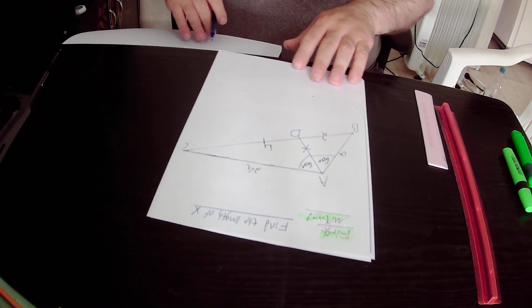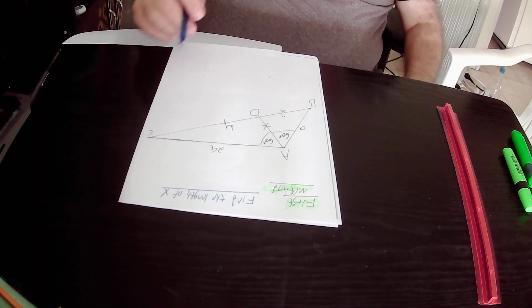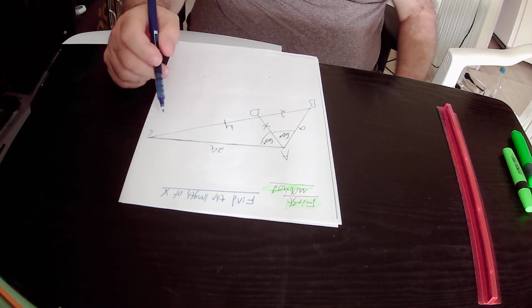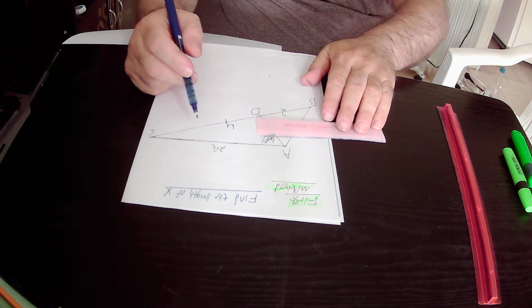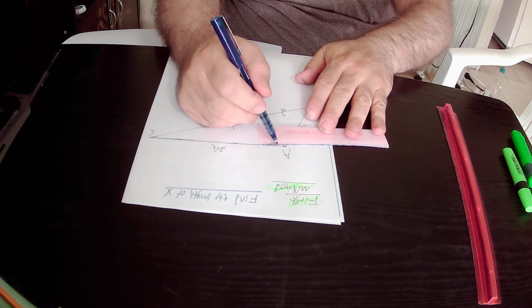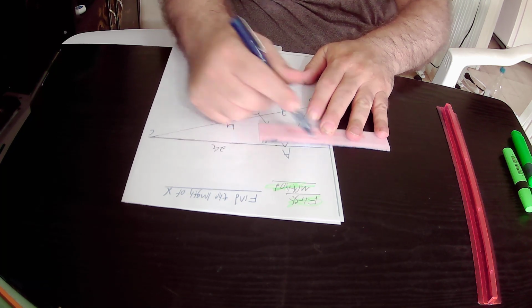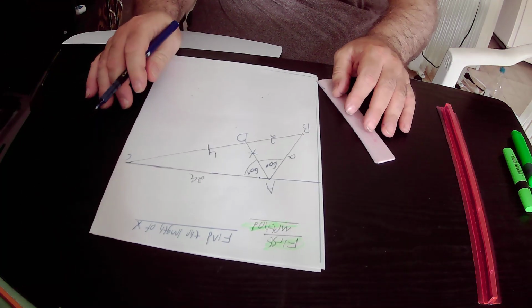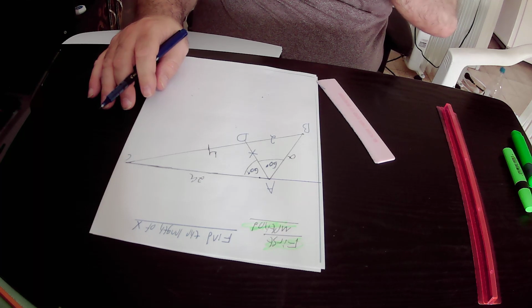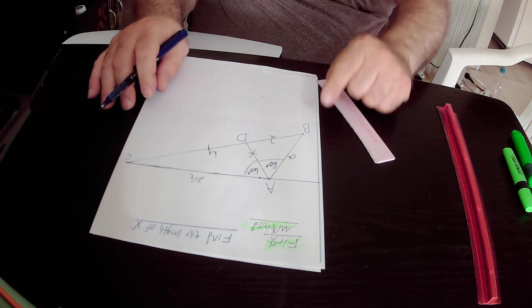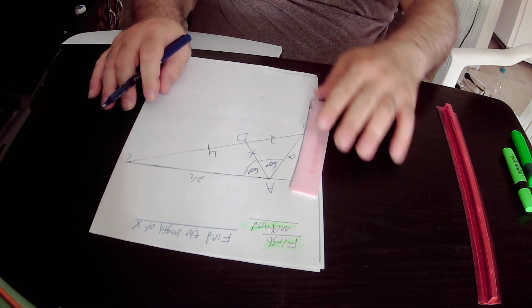So here we actually need to do a construction. We will extend line segment CA by a straight line. So we extended line segment CA by a straight line, and from point B we will draw a perpendicular to the extended line segment AC.